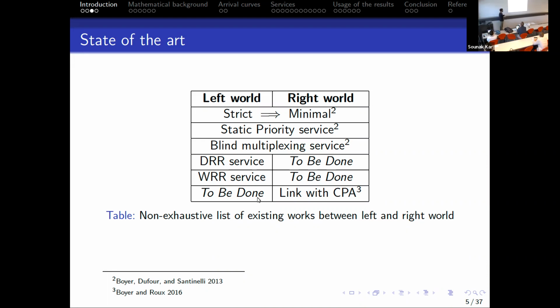But this is just a non-exhaustive list to see that we still have work to do, because, for instance, the DRR service and WRR service are developed only in the left world. And the link with CPA theory is only developed in the right world. So that is too hard.